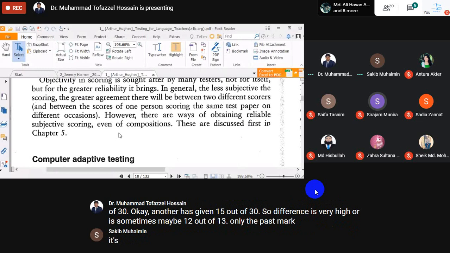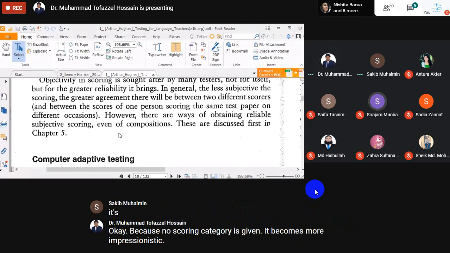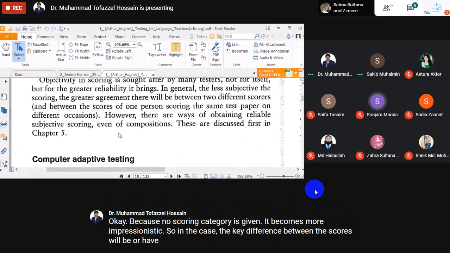Because no scoring criteria is given, it becomes more impressionistic. So in that case, the difference between the scores has the chance to be higher. Is it okay? Any other questions?